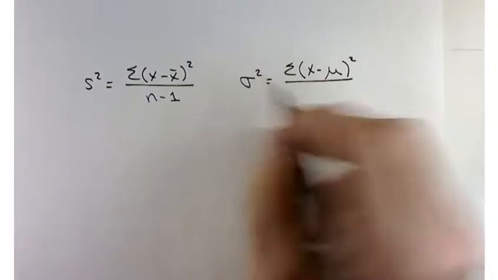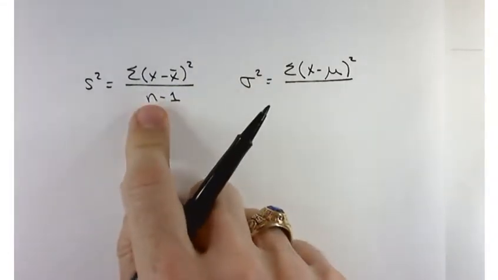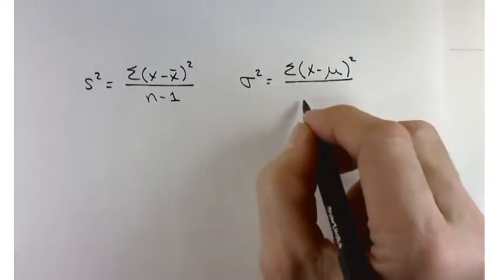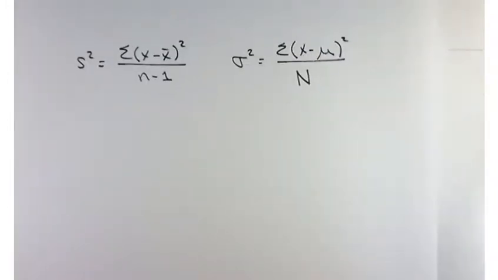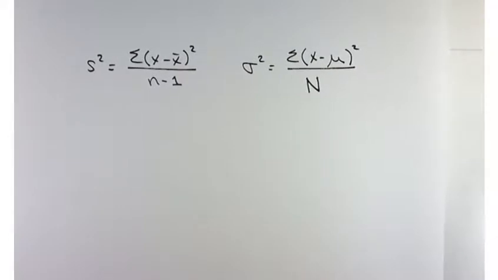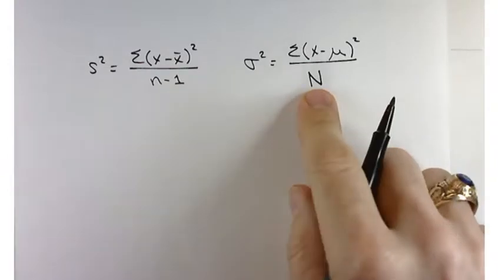And instead of small n, the count for our sample, we use capital N. We're going to divide by N. What's one striking difference that you notice in these two formulas? Yeah, the minus 1. So here you're dividing by n minus 1, as opposed to here you're dividing by N.